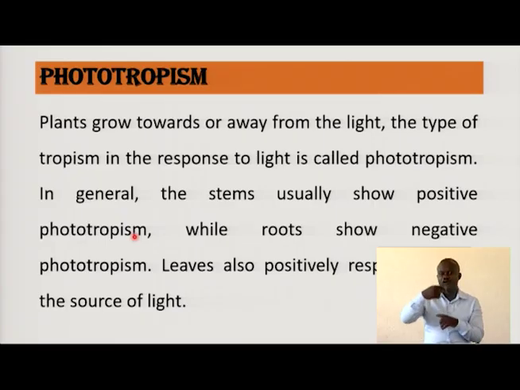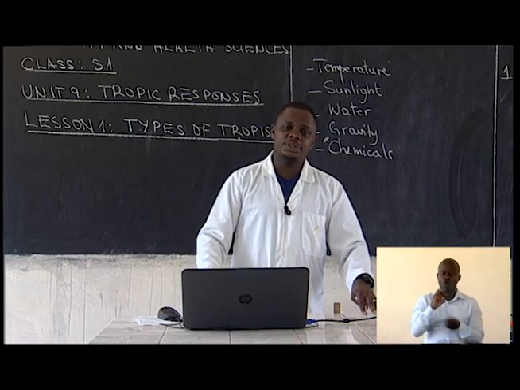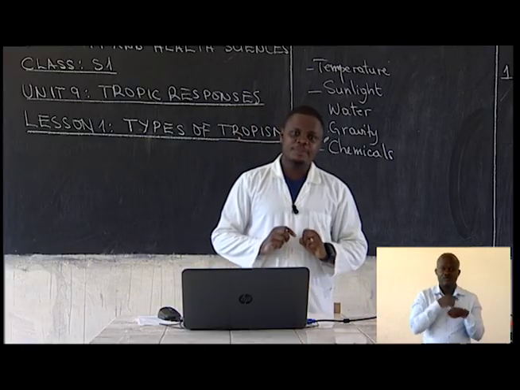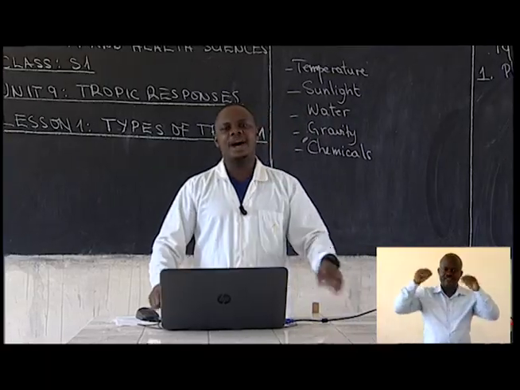Dear students, do you understand the meaning of the term stem? Remember, when we are talking about the main organs of the plant, we talk about roots, stem, leaves, and flowers.